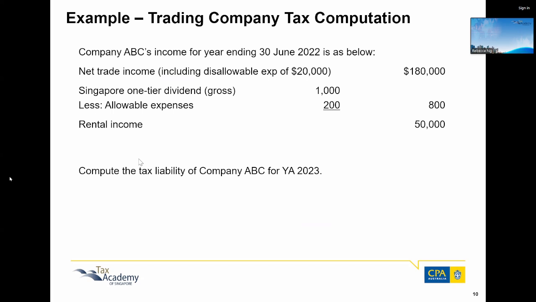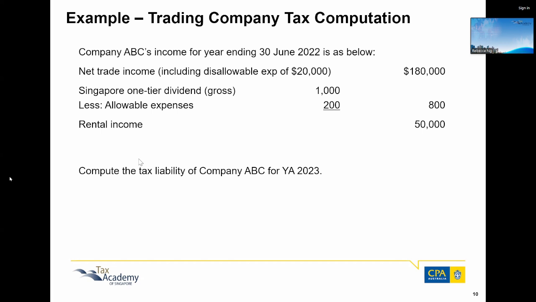Let's do an example for the trading company tax computation. For company ABC, the income for the year ended 30th June 2022 is as below. We have a net trade income of 180,000, which actually includes disallowable expenses of 20,000.